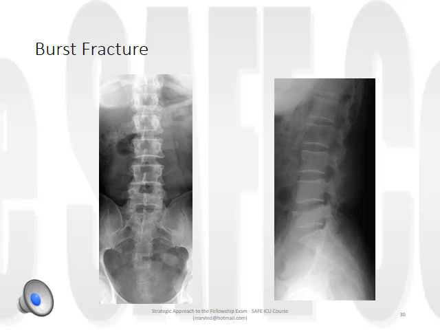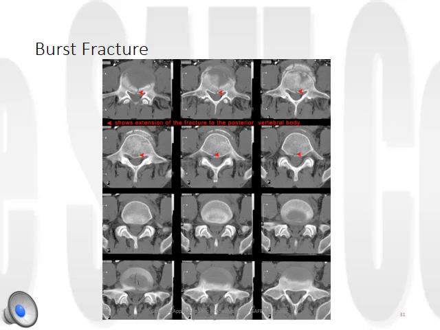There's a loss of height, and you also see that there is a disrupted anterior and middle column here looking at the L5 vertebral body. The axial CT images clearly show that there's extension of this fracture into the posterior part of the vertebral body, and you could easily see how there could be damage done to the spinal cord.